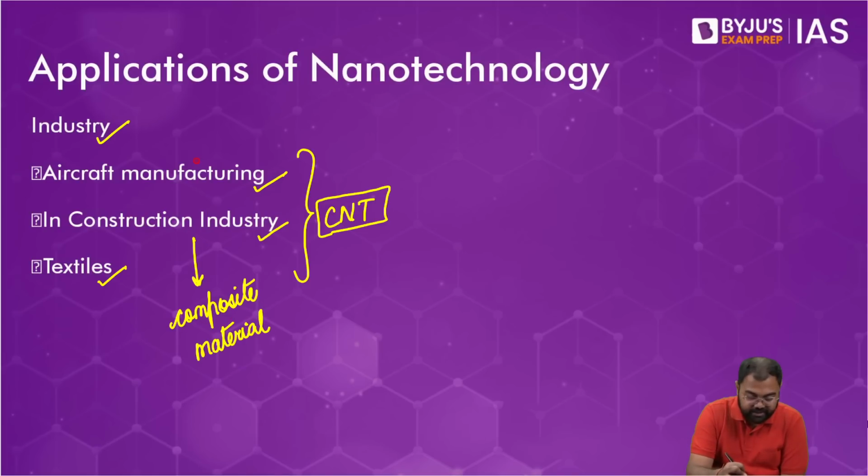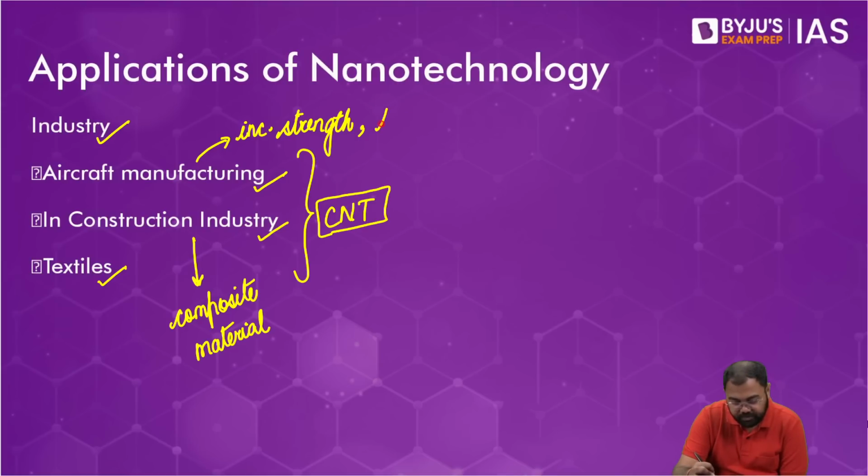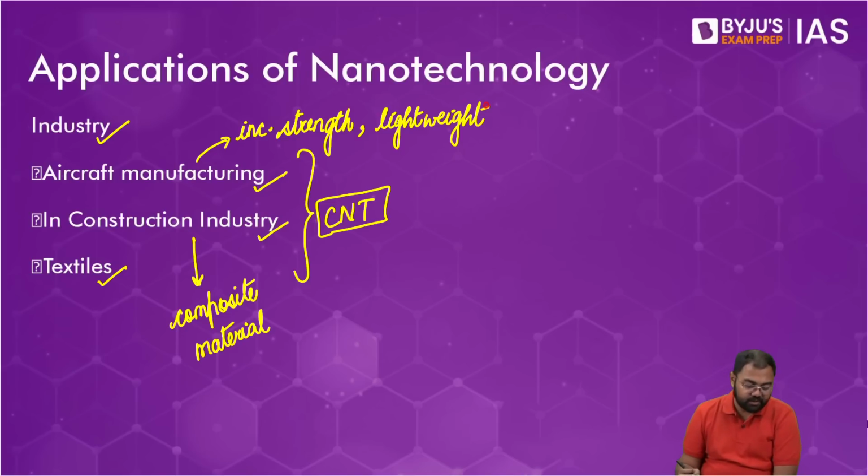Then after that, in aircraft manufacturing for increasing the strength and making them lightweight. So in these cases, we see that they can be made use of. So carbon nanotubes can actually be used in all these cases.